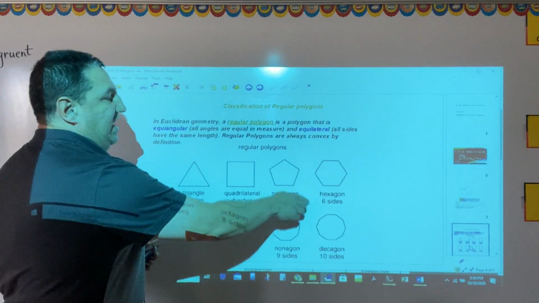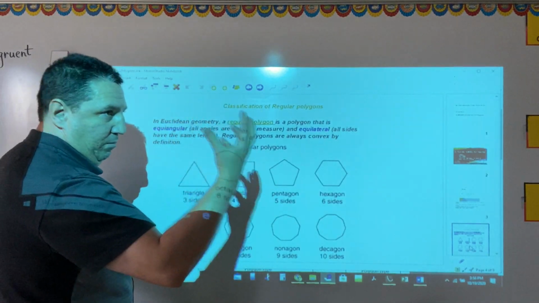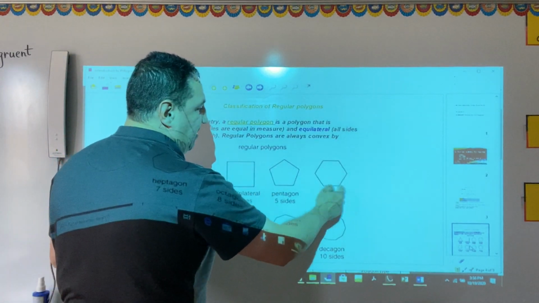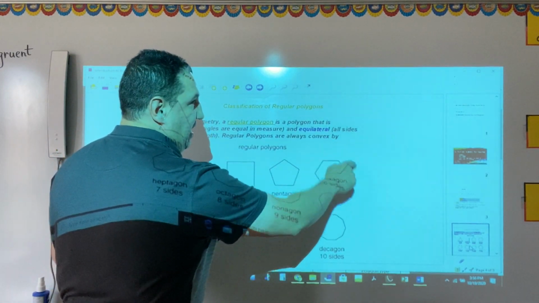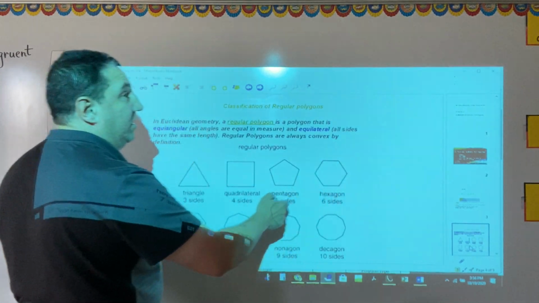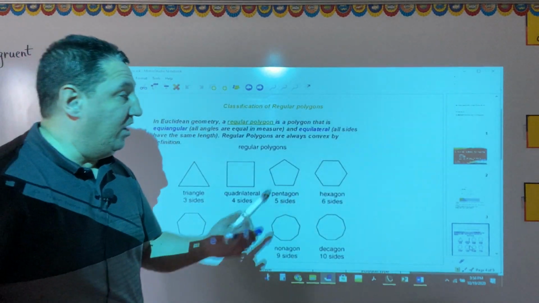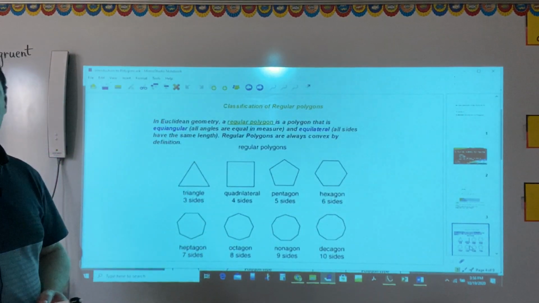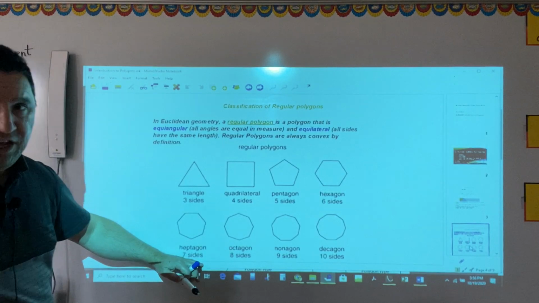A pentagon is a polygon consisting of five sides. Next is a hexagon, a polygon with six sides, and all sides are equal. Next, heptagon, or a regular heptagon.